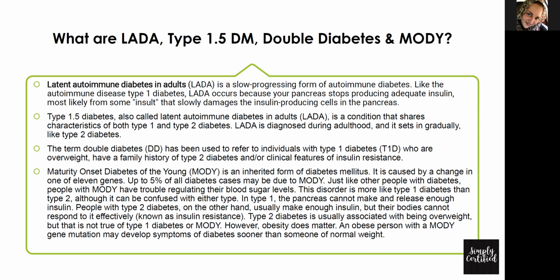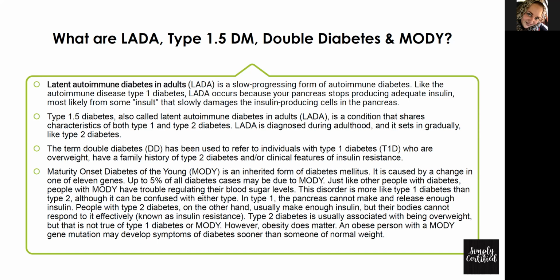When they're talking about type 1.5 specifically, I think they're more trying to describe the characteristics of someone who has characteristics of both type 1 and type 2. So a patient has this later onset of some kind of autoimmune diabetes, but they have symptoms of type 2.